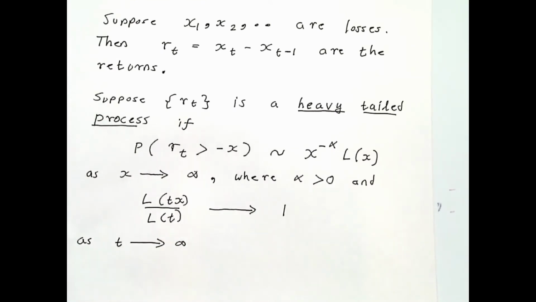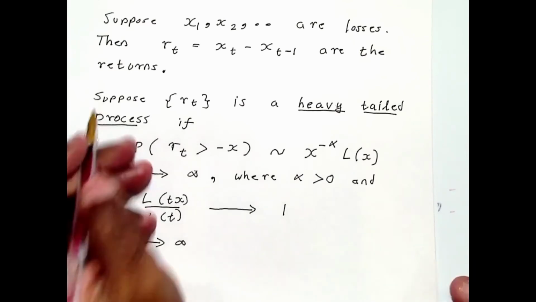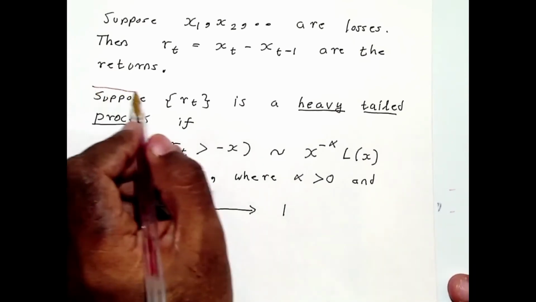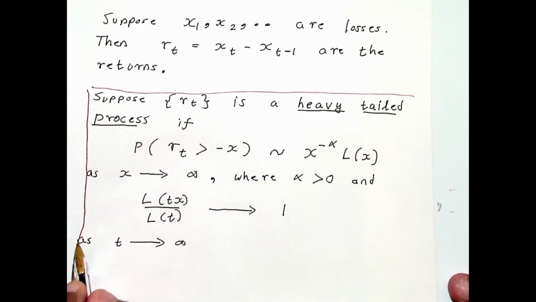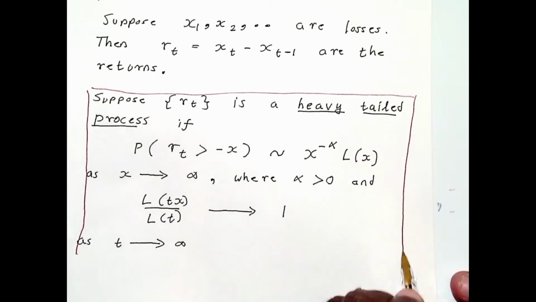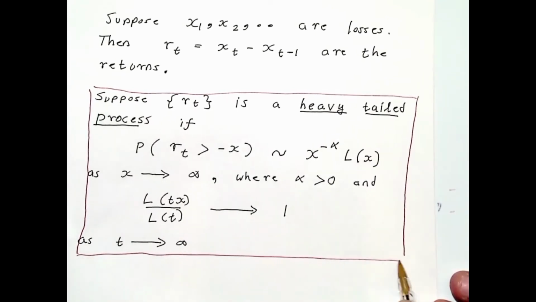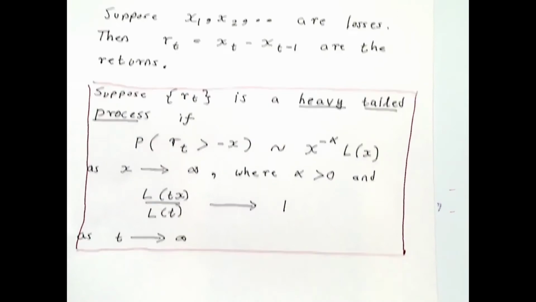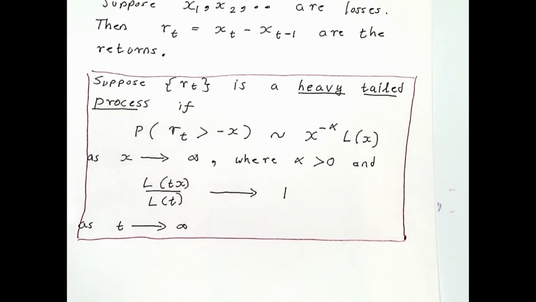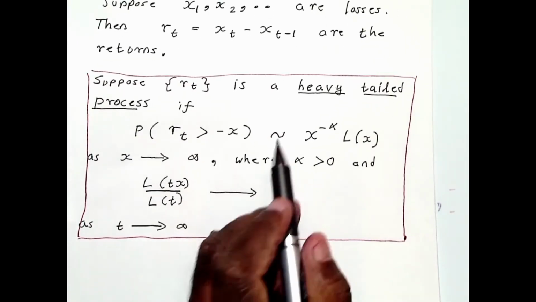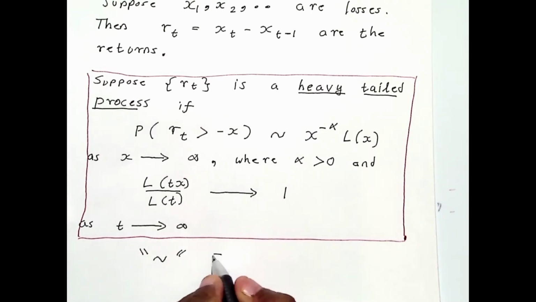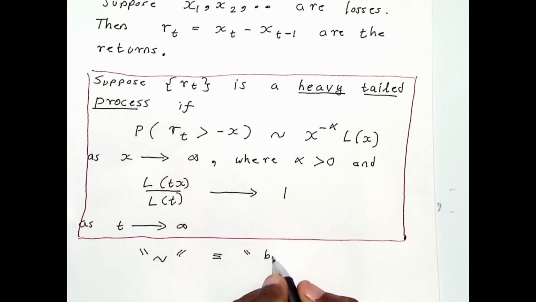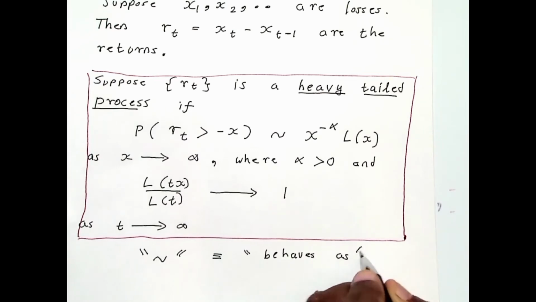Right? So let me put this in a box. So basically what I have written here is the definition of a heavy-tailed process. So I'm supposing that the returns of the losses are heavy-tailed, right? And by the way, the notation tilde means behaves as. All right.